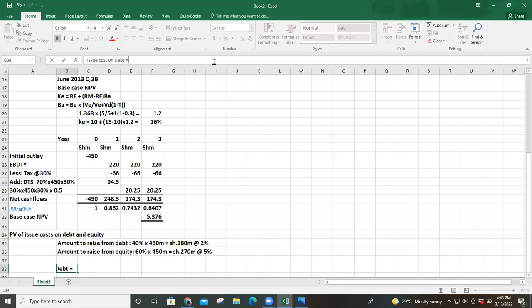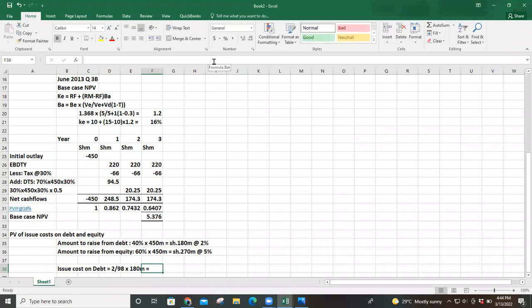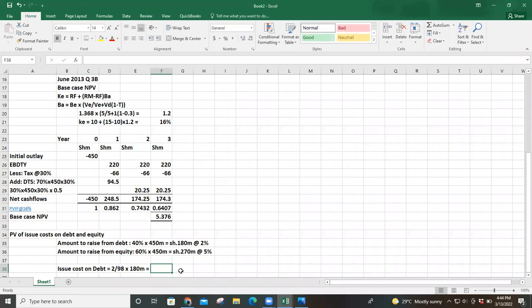So the issue cost on debt becomes 2 divided by 98 times 180, which is 3.67 million.